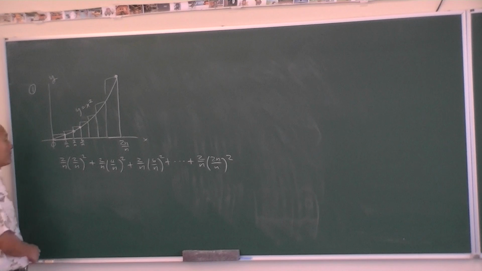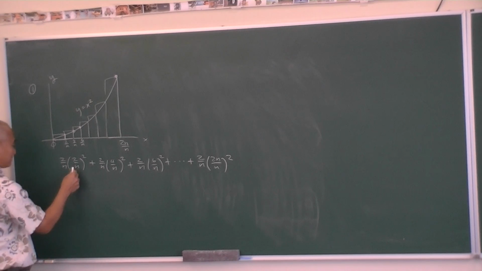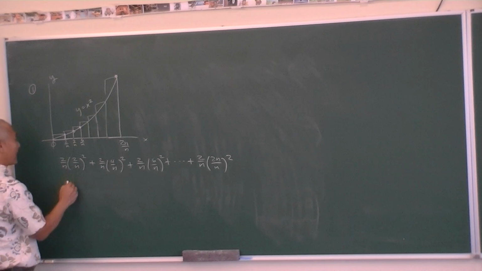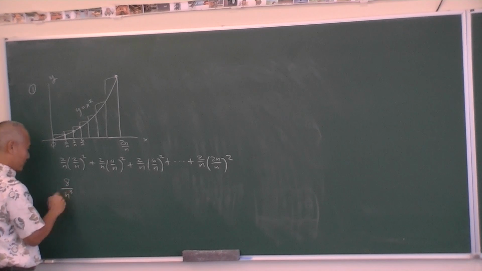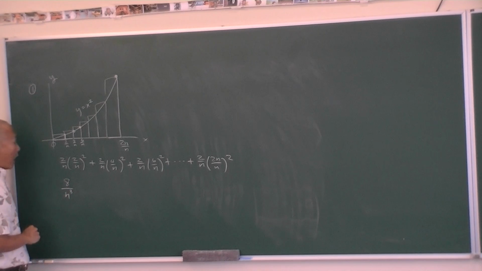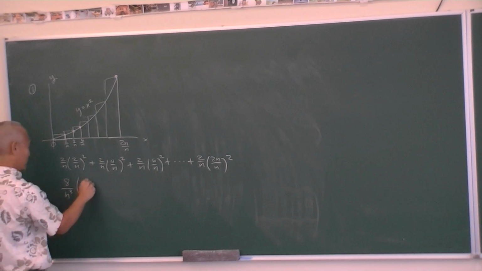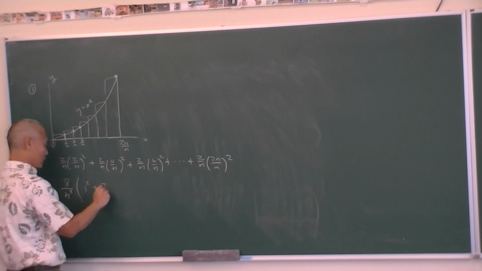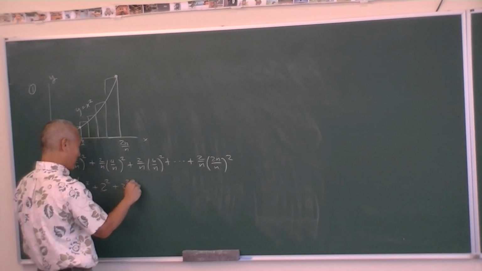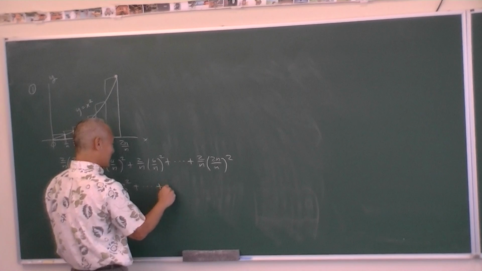No. What can be factored out? 8 over n cubed. Okay. What's left? 1 squared plus 2 squared plus 3 squared plus dot dot dot plus n squared.